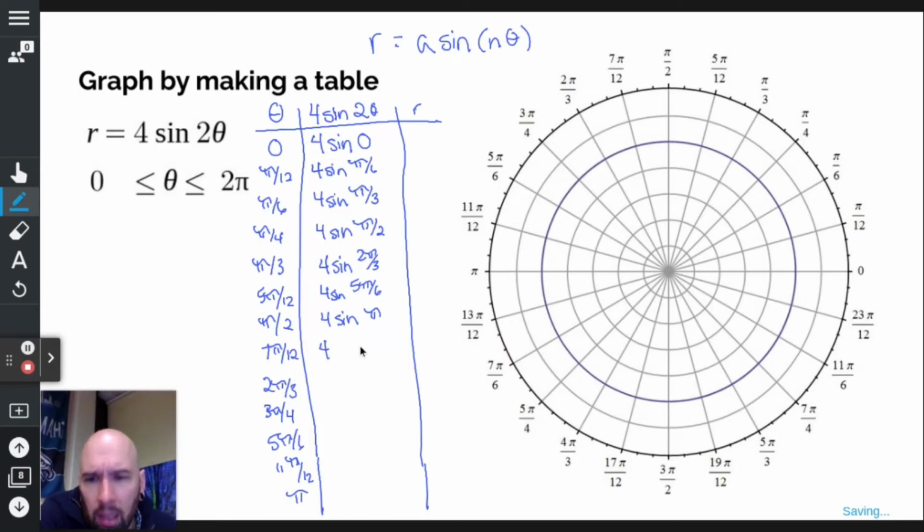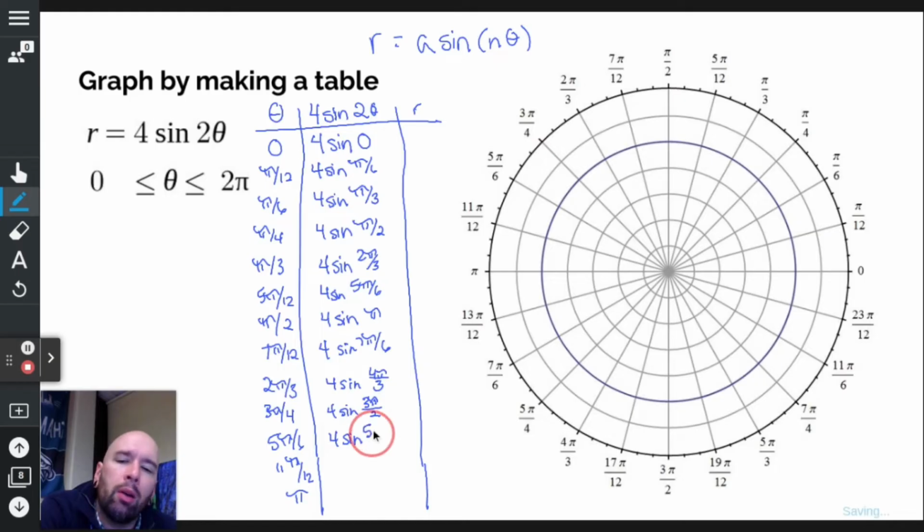4 sine 2 times 7 pi over 12 is 7 pi over 6. 4 sine 2 times 2 pi over 3 is 4 pi over 3. 4 sine 2 times 3 pi over 4 is 3 pi over 2. 4 sine 2 times 5 pi over 6 is 5 pi over 3. 4 sine 2 times 11 pi over 12 is 11 pi over 6.